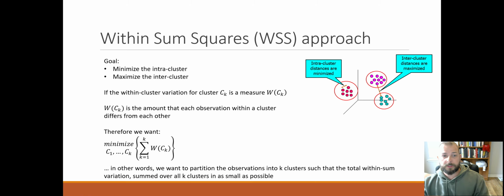Therefore we want to minimize how much each of those observations differ from one another within the cluster. In other words, we want to partition the observations in each cluster such that the total within-cluster variation, summed over all K clusters, is as small as possible. That's minimizing the within sum squares approach.